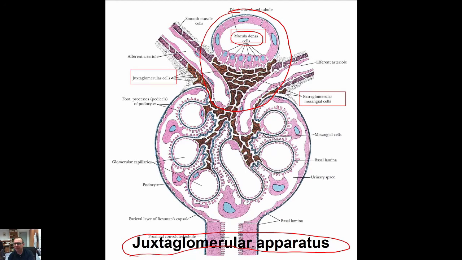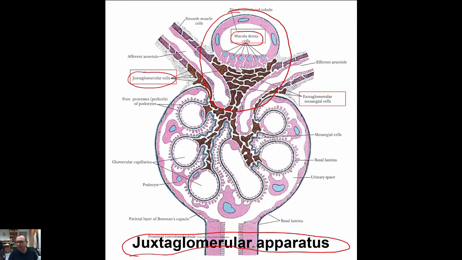The second component are juxtaglomerular cells. They are modified, specialized smooth muscle cells belonging to the wall of afferent and sometimes efferent arteriole. So juxtaglomerular cells are cells of the arteriole.